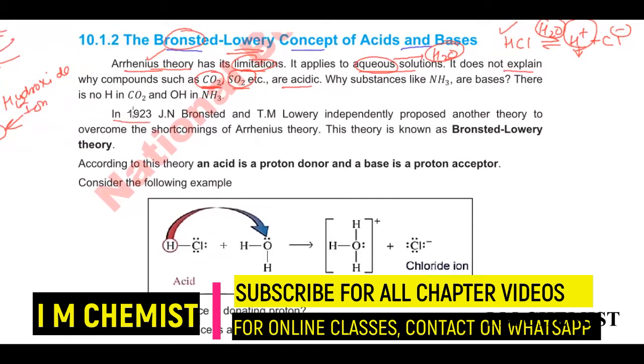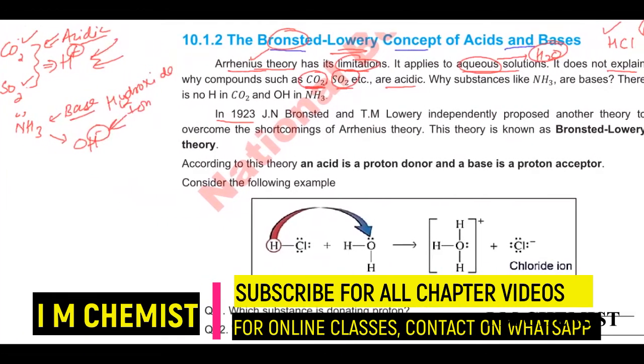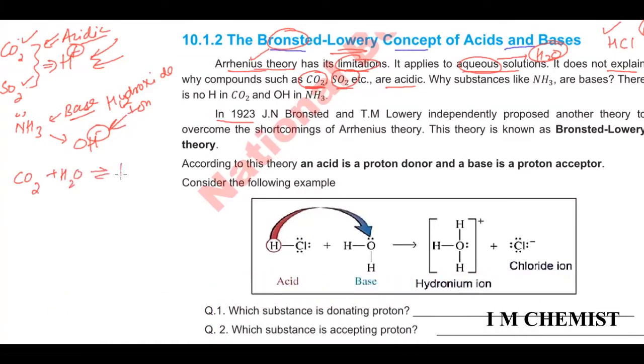In 1923, by the way, do you know why carbon dioxide and sulfur dioxide are acidic in nature? When carbon dioxide react with water, it will form H2CO3, which is known as carbonic acid. And same is the case of sulfur dioxide.